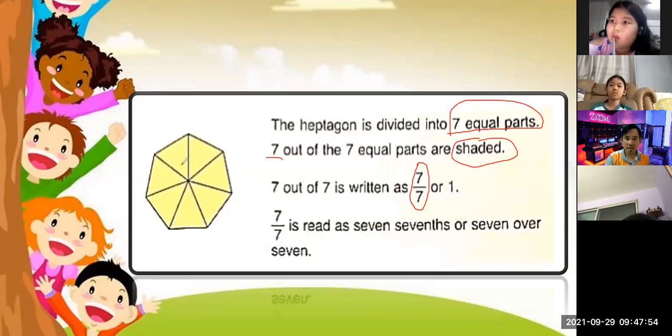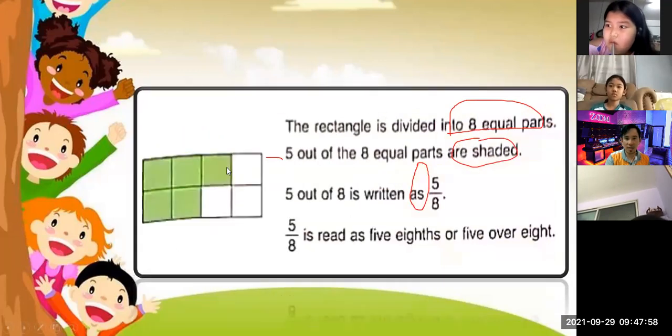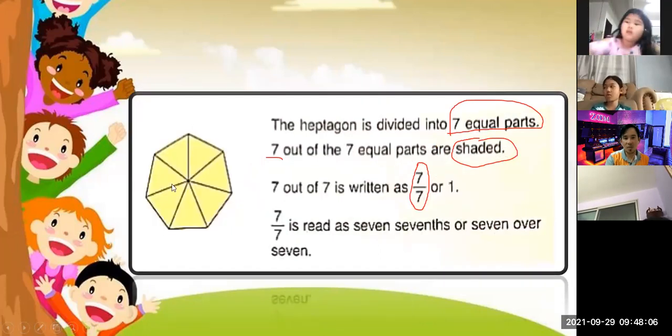In the previous slide, only 5 parts are shaded, 1, 2, 3, 4, 5. That's why 5/8. But here, all parts are shaded. That's why we have 7/7, or we say it as 1 whole or 1. When we simplify, we say it as 1.